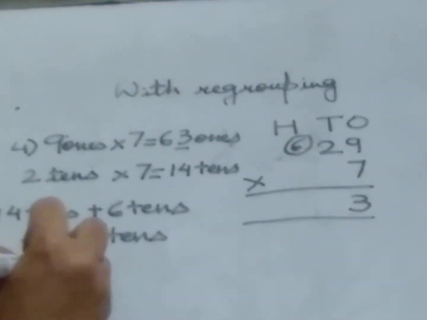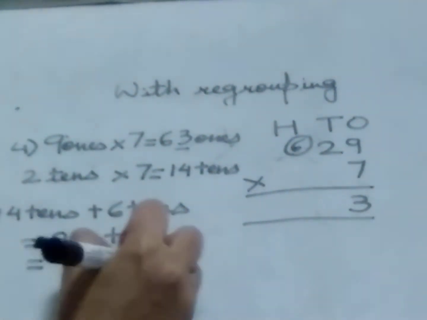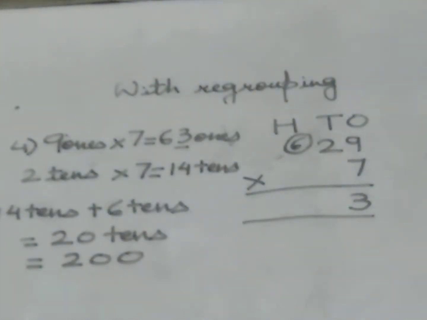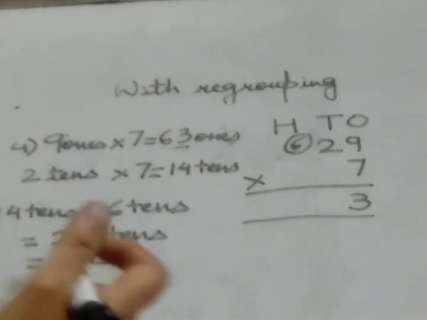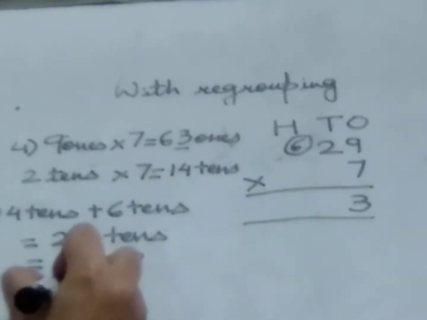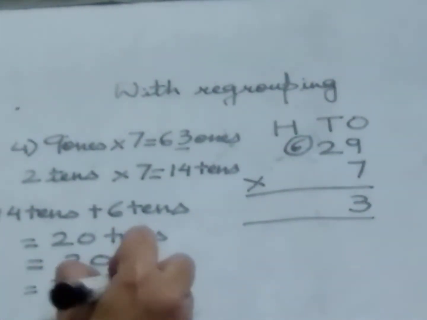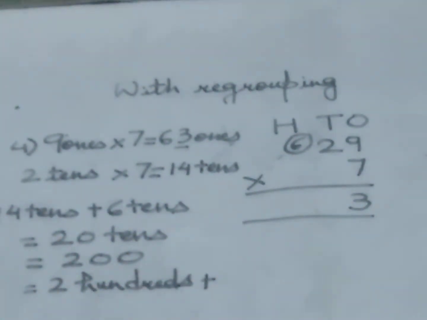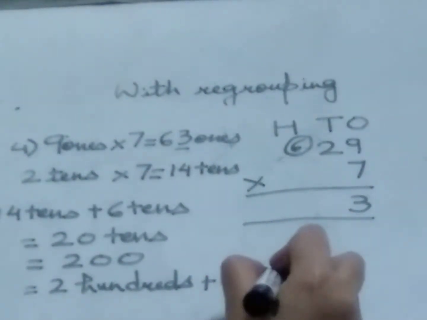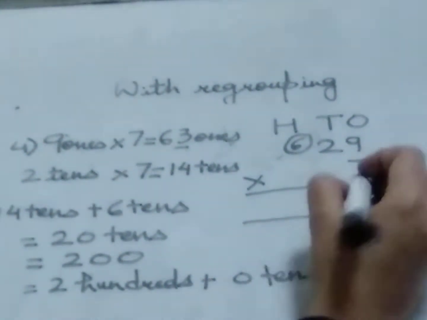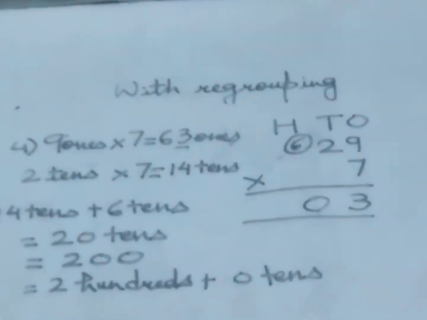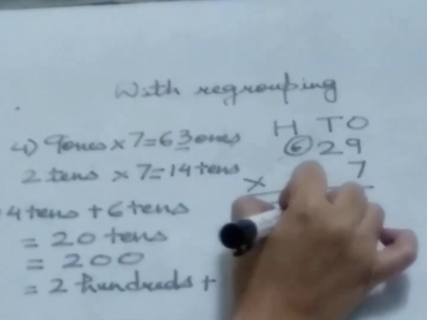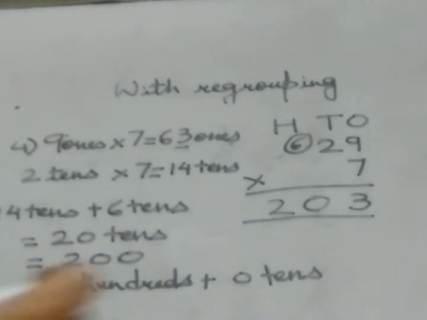You can write this 20 tens as 200, which means 200 plus 0 tens. So write this 0 in the tens column and 2 in the hundreds column. So our answer is 203.